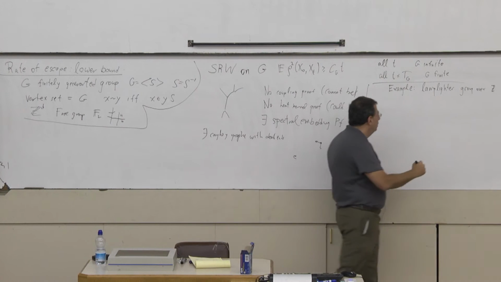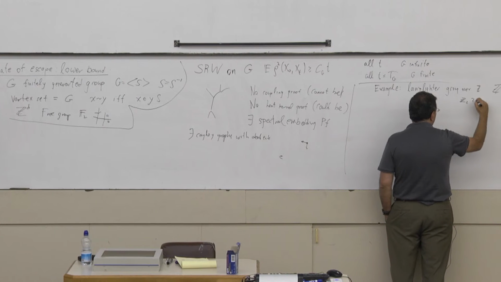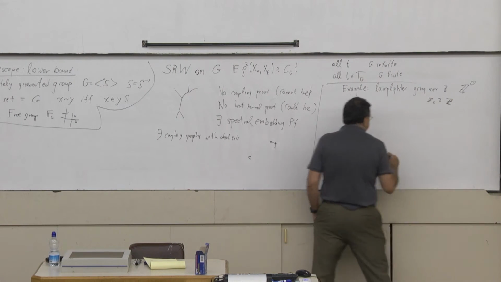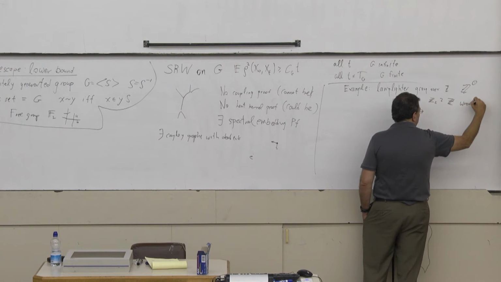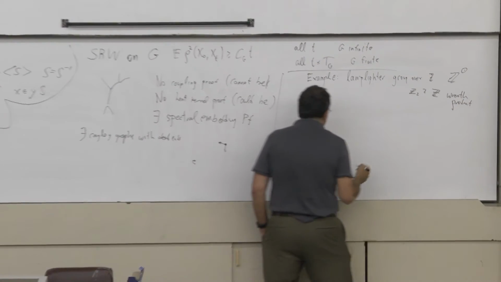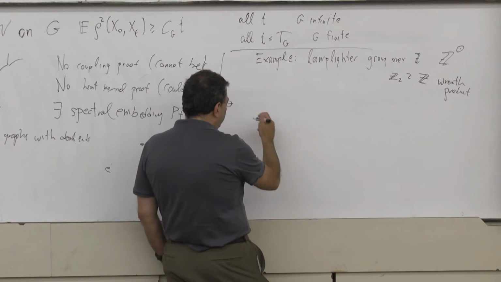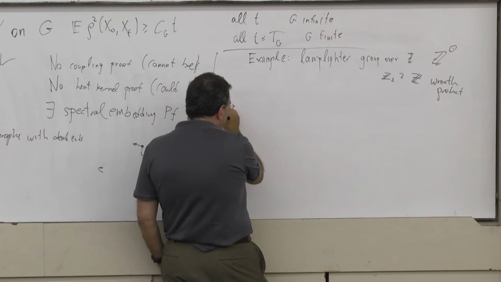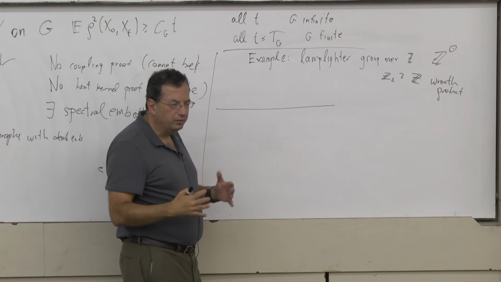It's a wreath product of the integers mod 2 with Z. So if you're an algebraist, then the word wreath product should do. But I want to describe what this graph is. How does the Cayley graph G look pictorially? So I'm going to draw for you not the Cayley graph, but an element of the Cayley graph.